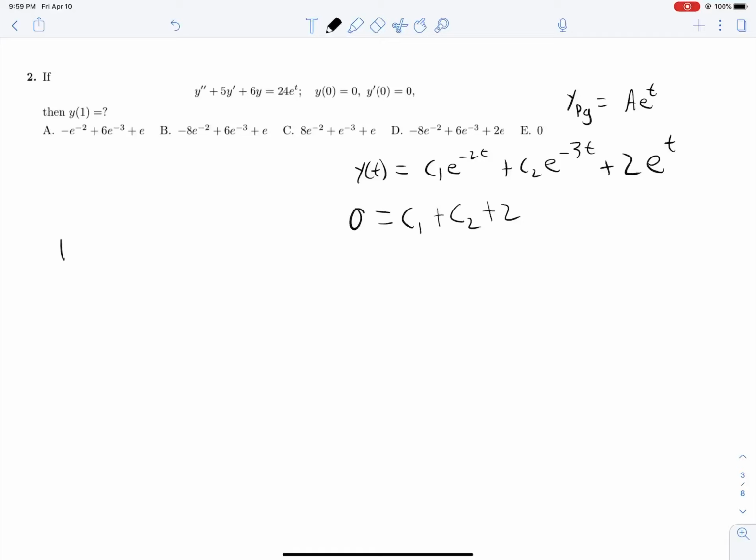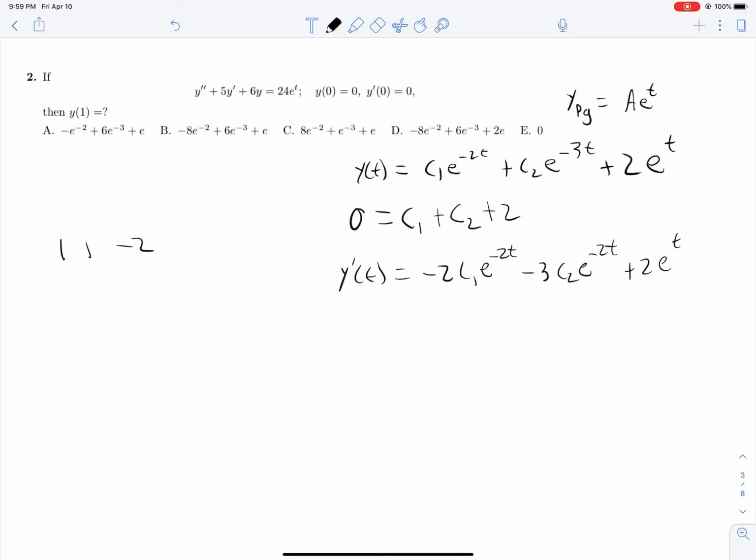We're about to solve 1, 1, 1, 1, -2, because we'll have to subtract that 2 over to the left-hand side. And then secondly, taking our derivatives, we'll have y prime of t is equal to -2 c1 e to the -2t, minus 3 c2 e to the -3t plus 2 e to the t.